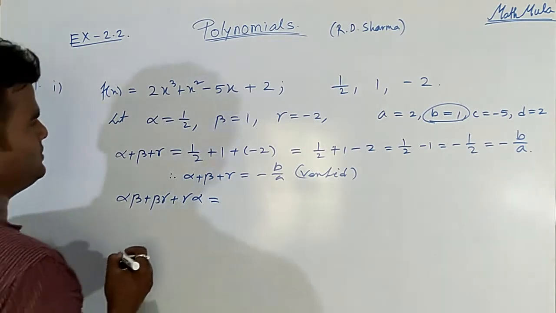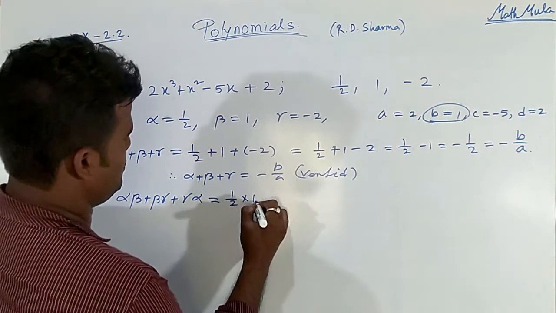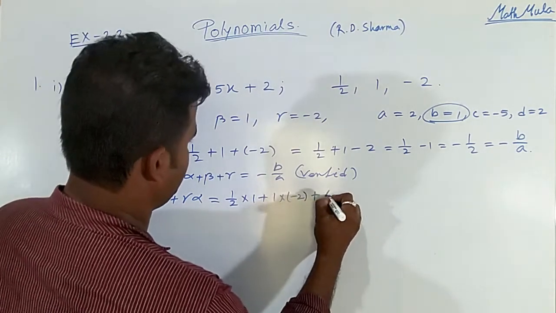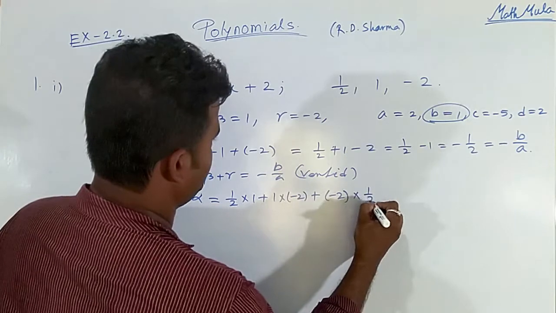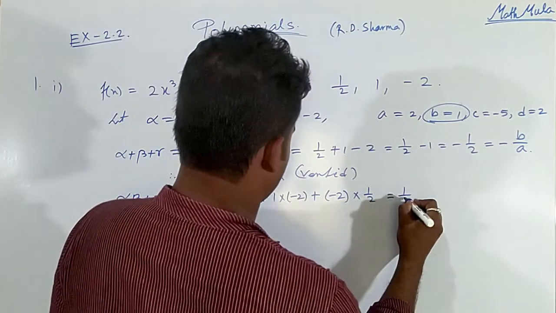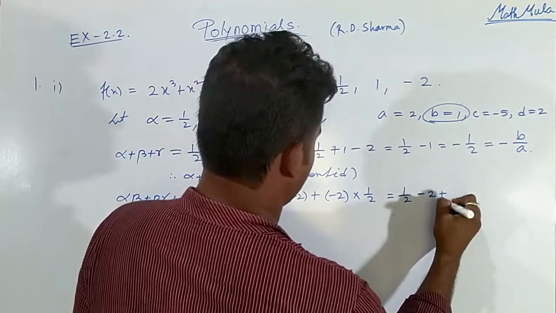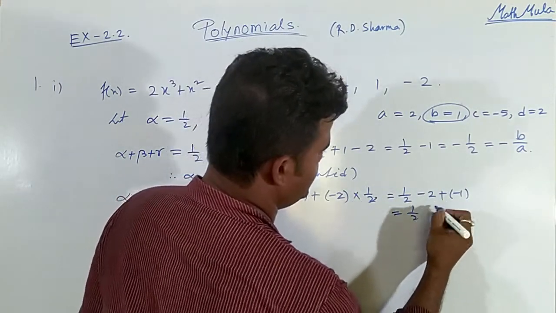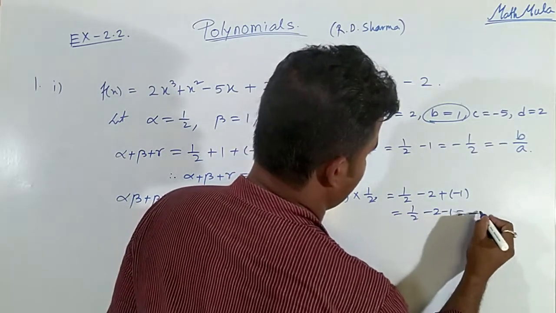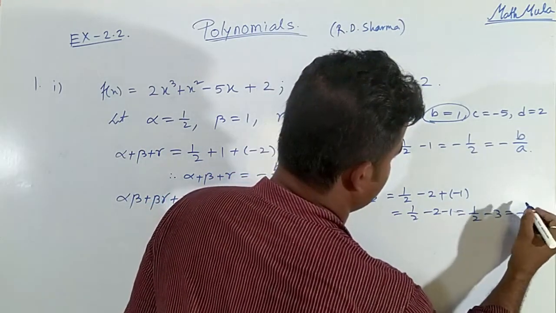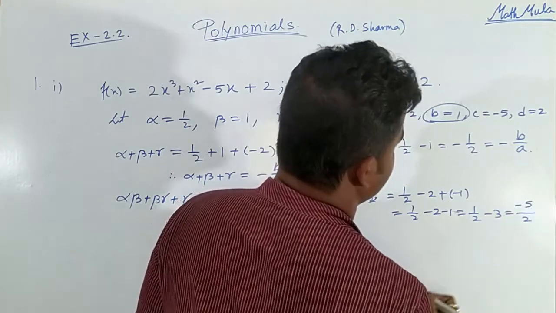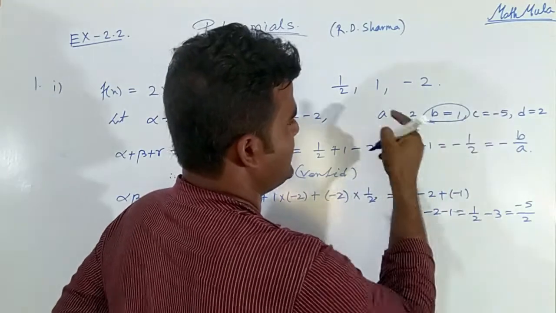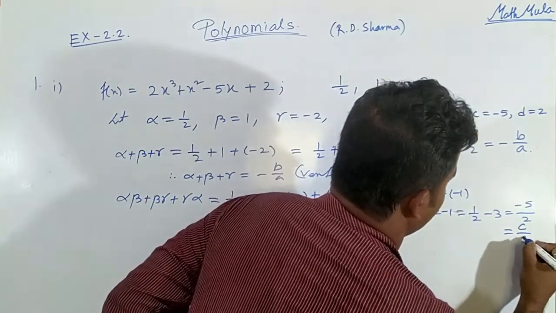The sum of the product of two zeros at a time: alpha beta + beta gamma + gamma alpha = (1/2)(1) + (1)(−2) + (−2)(1/2). Now this is 1/2 − 2 − 1, that is 1/2 − 3, which equals −5/2. Now look, from here −5 means c and 2 means a, so we can write this as c/a.